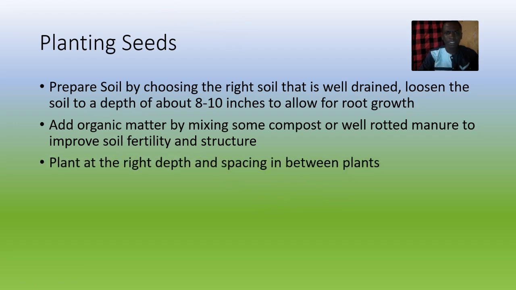Then plant at the right depth and spacing in between the plants. Make sure that the plants are well spaced so that you can yield very well. If you make them overcrowd, they will get little sunshine, competition for the nutrients, hence poor yields and making losses.